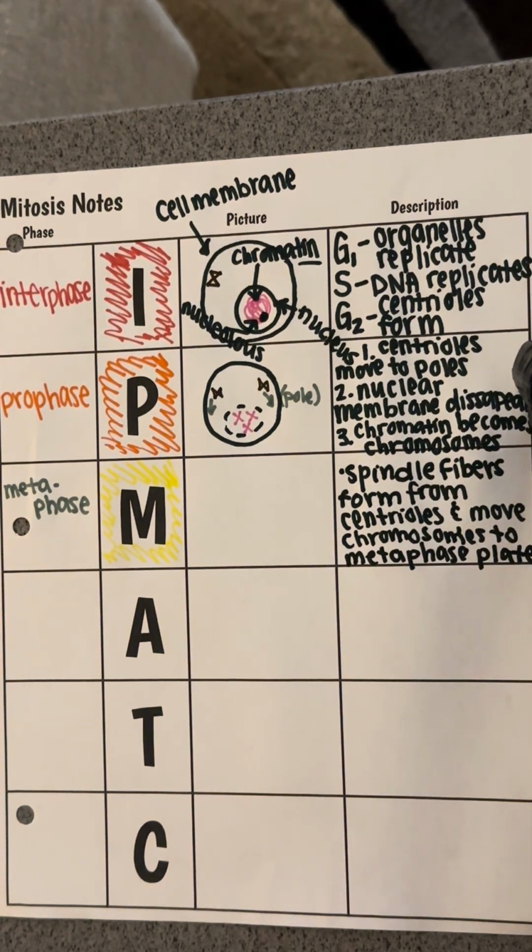So spindle fibers form from the centrioles and they're going to move the chromosomes to the metaphase plate.